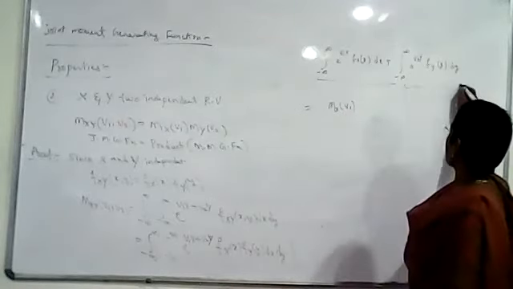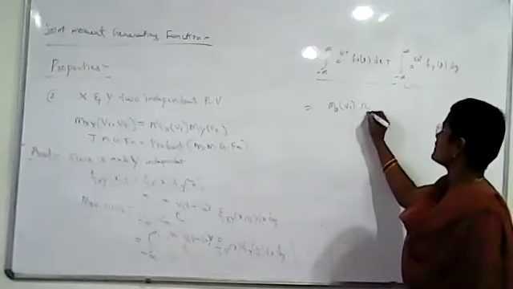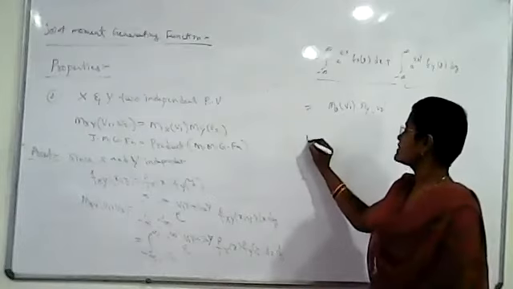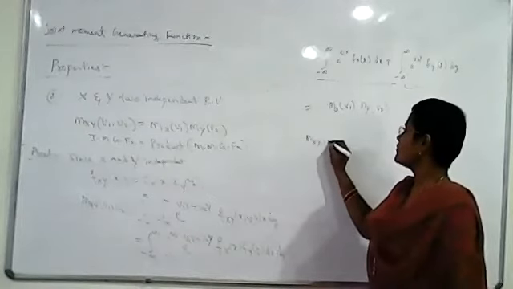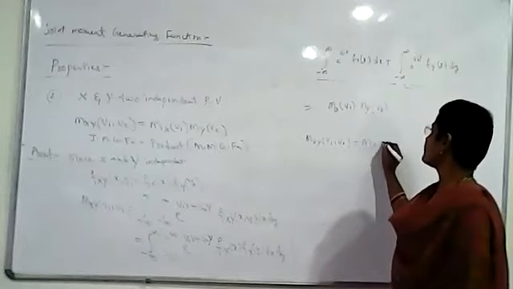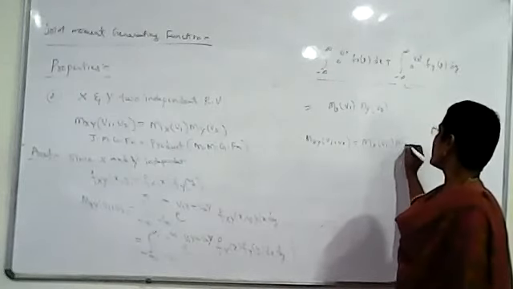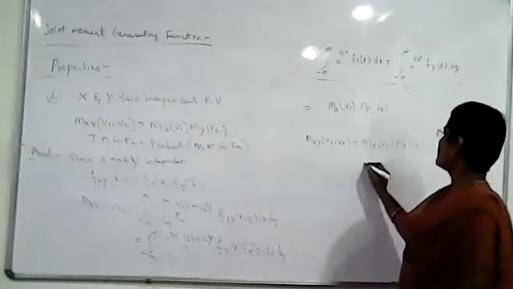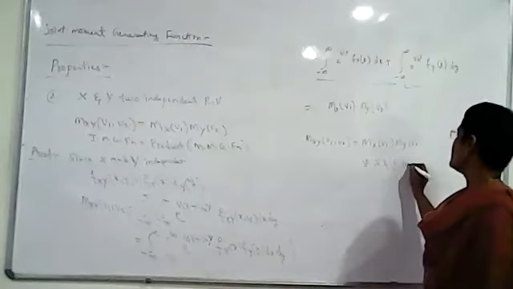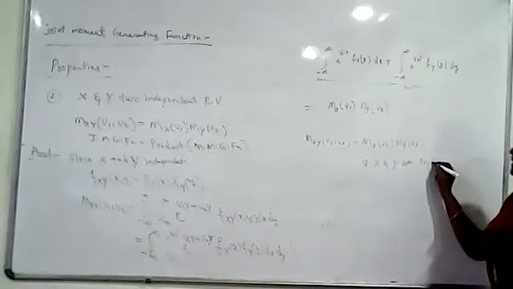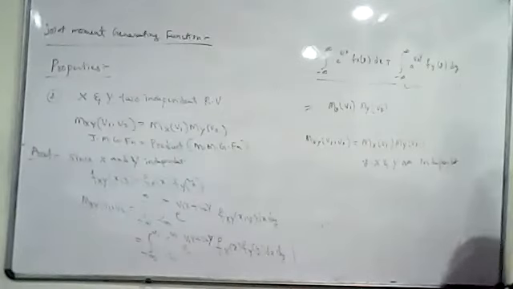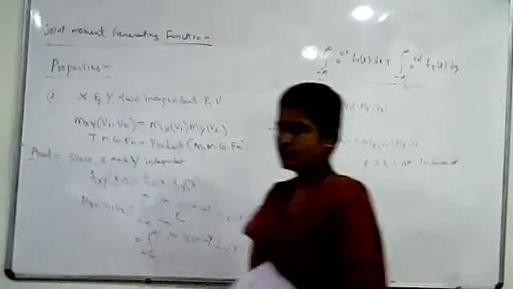Now if you observe the second formula, we have random variable y and it is a function of v2. So what we can say, Mxy of v1 comma v2 will be equal to Mx of v1 into My of v2 if x and y are independent. Okay, this is our second property.